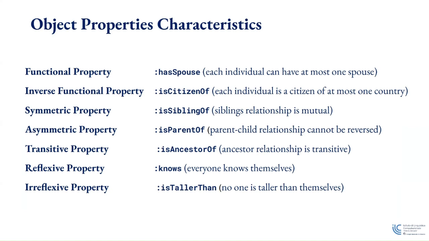The symmetric property, like is sibling of. The sibling relationship is mutual. So if A is sibling of B, B is sibling of A. This is a symmetric property. An asymmetric property is, for example, is parent of, because if A is parent of B, B cannot be parent of A. Okay, it's the opposite of a symmetric property.